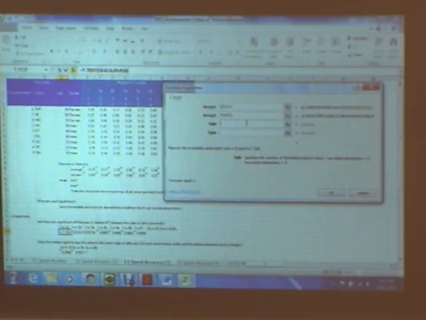Almost 95% of the time, you will put two there, right? Because you don't know whether or not it's going to increase or decrease.